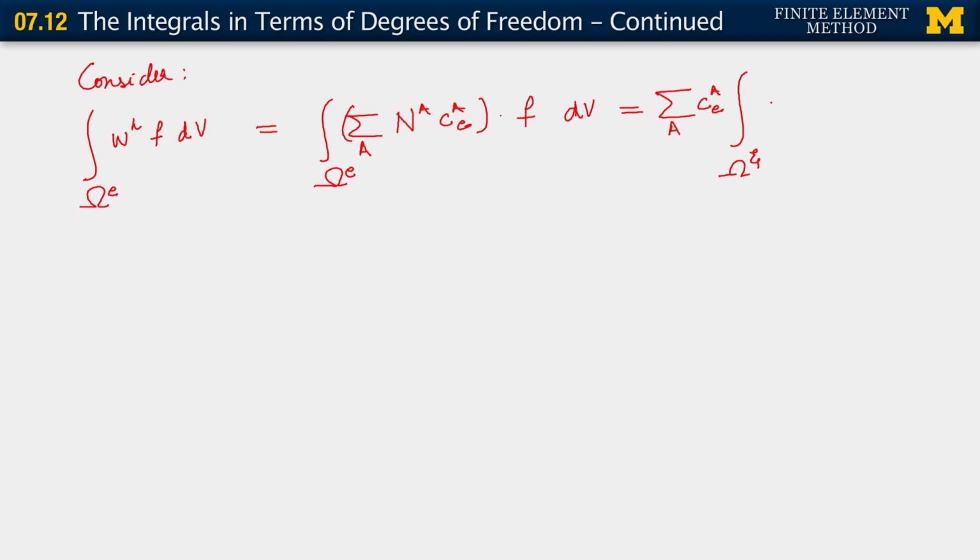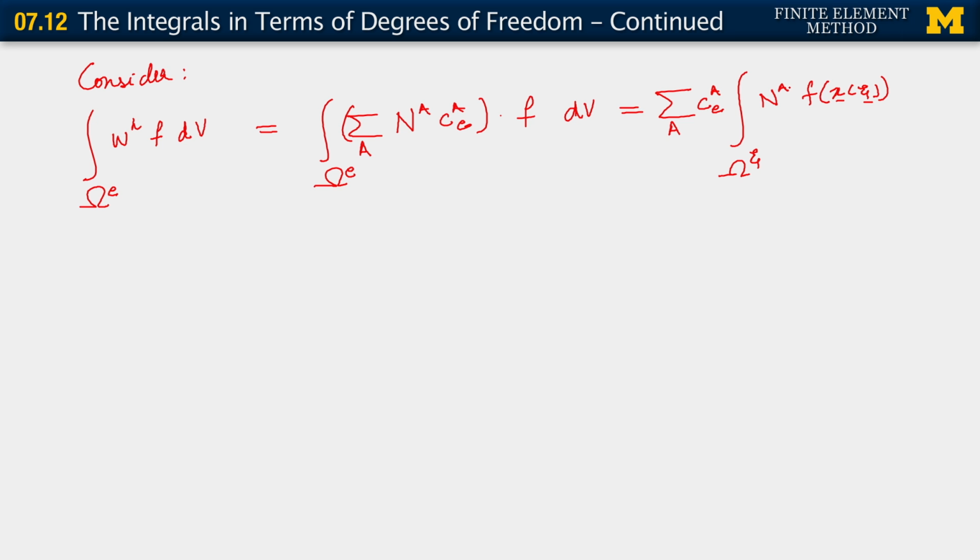Inside here, we continue to have NA because it does depend upon position, multiplying F, and let's recall that F could be a function of position, but through our mapping, we have that. And NA, of course, is a function of position. We're writing everything as a function of coordinates in the parent subdomain.